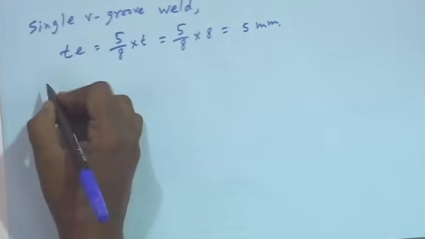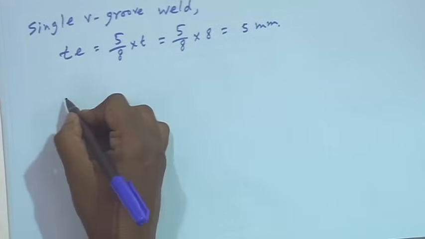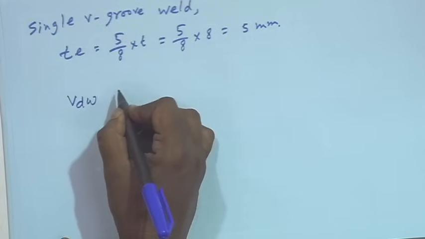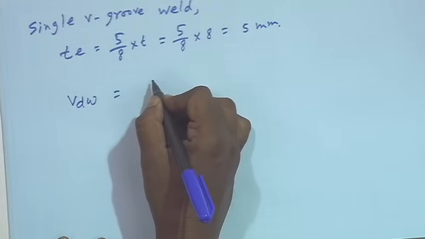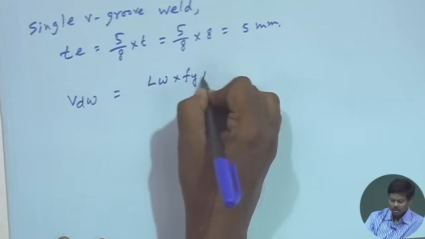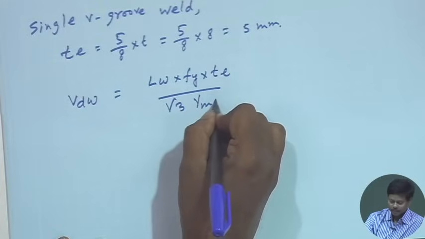So, we can find out the length of weld. Now, we know the formula for design strength calculation of butt weld for shear as Vdw is equal to Lw into Fy into Te by root 3 gamma mw.